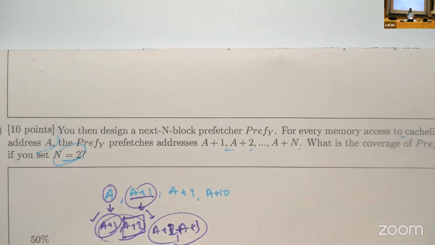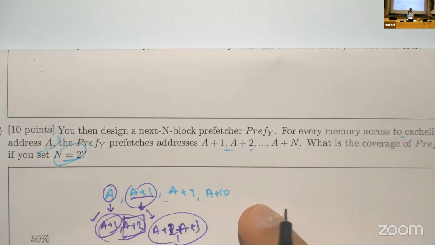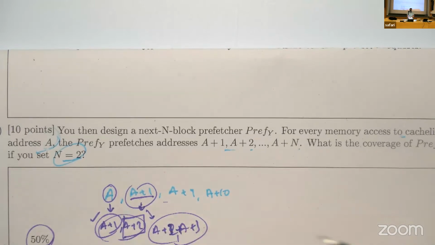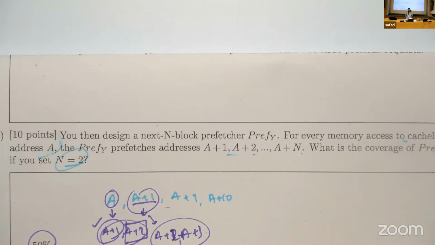And you also prefetch A plus 2, but you never access it in the access pattern, so you never use it. So it's not good. And if you just simulate this a little bit, you will see that actually 50% of your prefetch requests become useful. So the coverage value becomes that. So let's move to other parts.